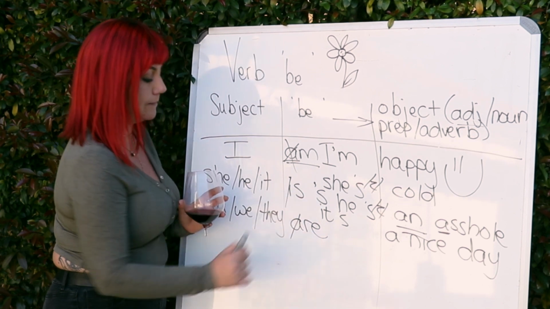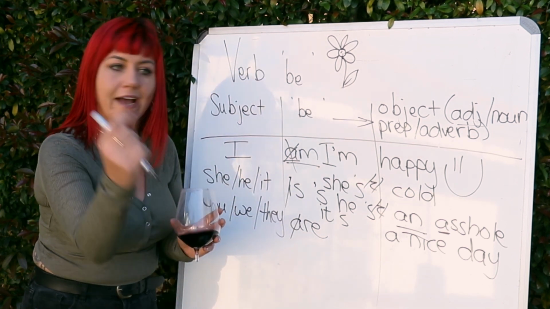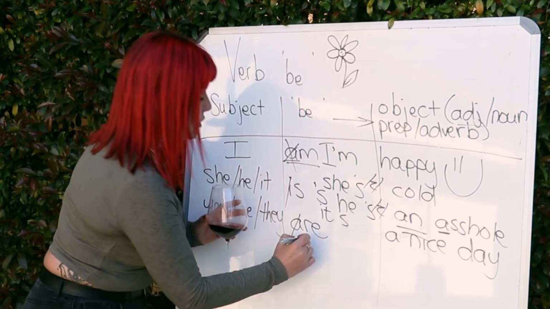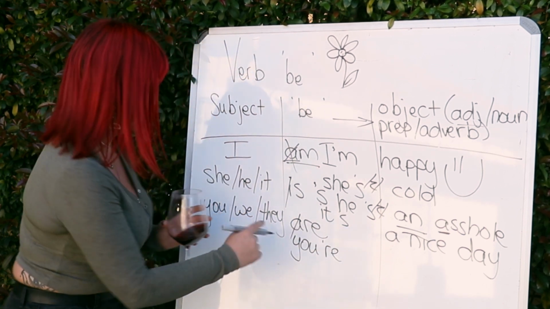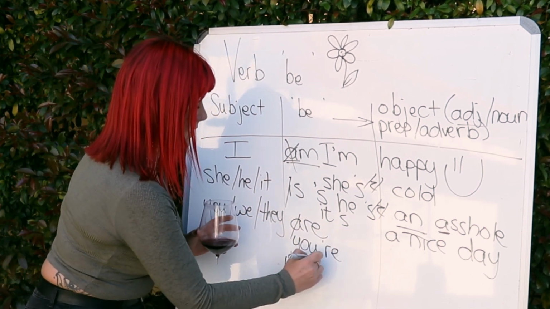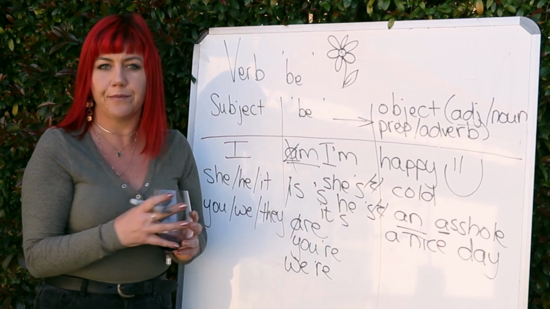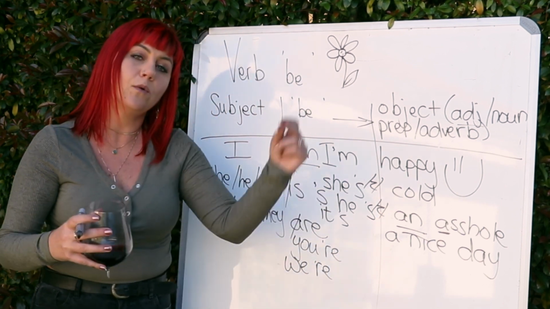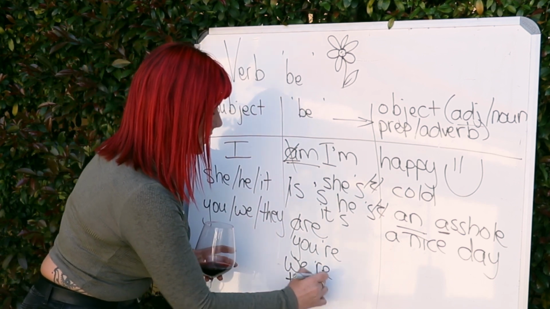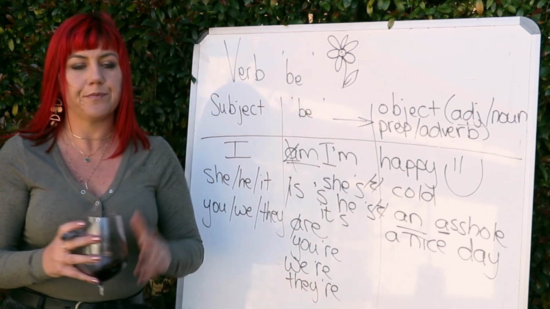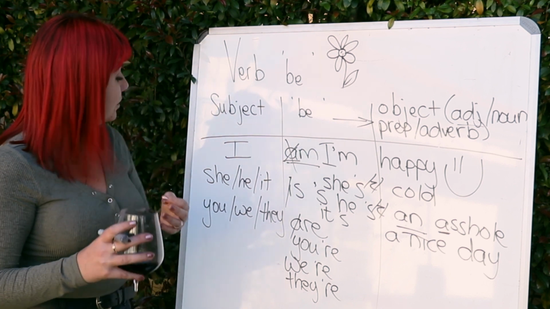We don't need them. All right, and that's how you contract. Take that letter away. So, you're, we're, say it quickly, we're, and they're.